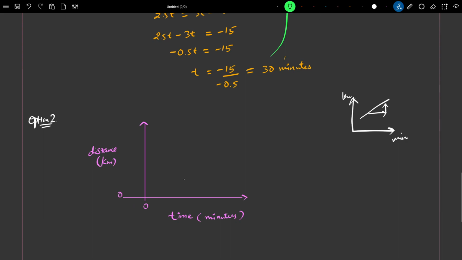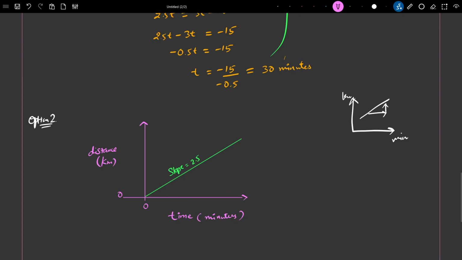So now for Robert, he's starting at the 0 region, and say we plot a line with a slope of 2.5. Now slope here is 0.5 because these are minutes, right? So every minute, how much distance is it traveling? So this is 2.5.